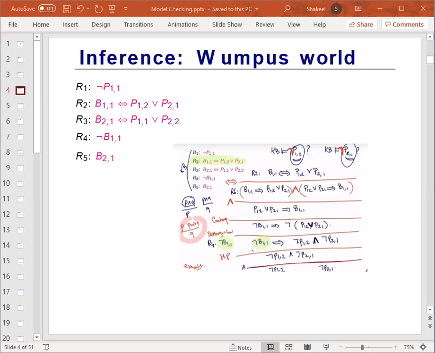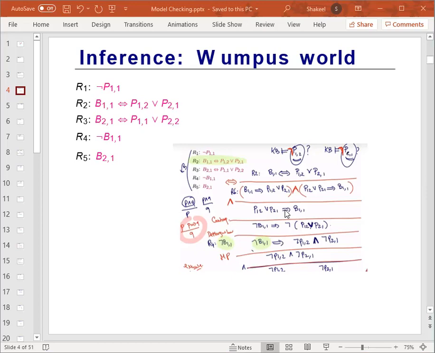Usually we like to draw lines. So this is a line, and this line will be an inference, based on the bidirectional, the if and only if.